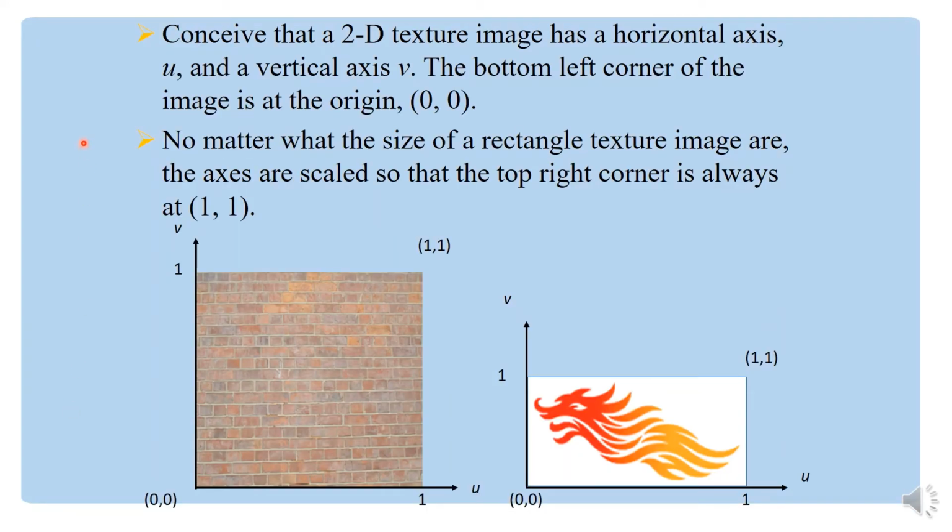In applying texture mapping, firstly we need to understand that a 2D texture image has a horizontal axis known as U, and a vertical axis known as V. The bottom left corner of the image is at the origin, 0 0.